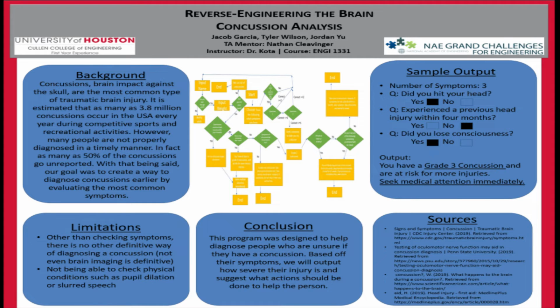In our code, the user is asked to input information using menus. Then, the code uses nested if statements to determine what condition the user is in based on their responses. Based on the symptoms that are reported and the questions about the injury, the code will determine if the user has a grade 1, grade 2, or grade 3 concussion, and what the user should do for their recovery.